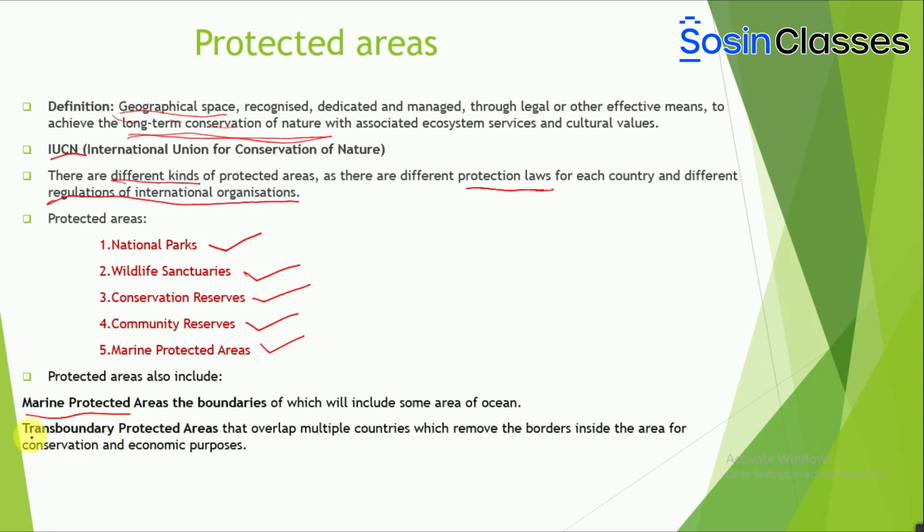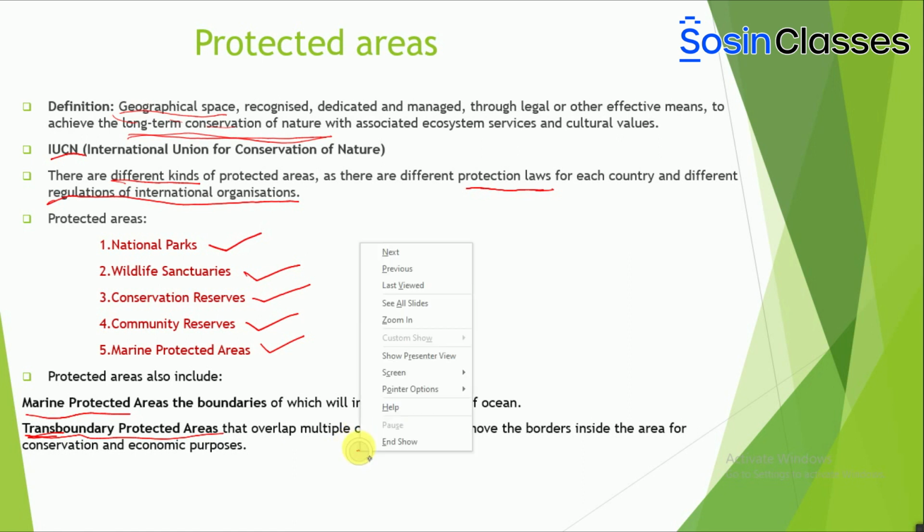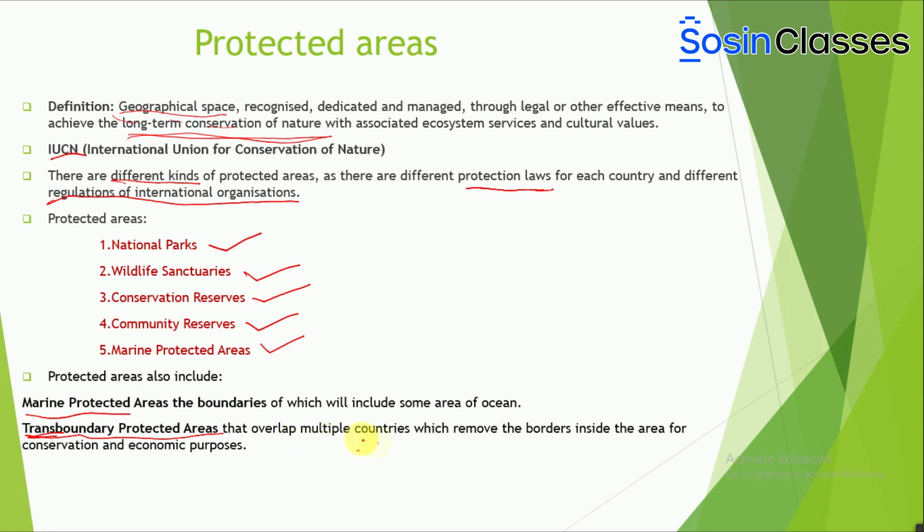Then comes transboundary protected areas. The name itself says transboundary. These are areas which overlap between multiple countries.